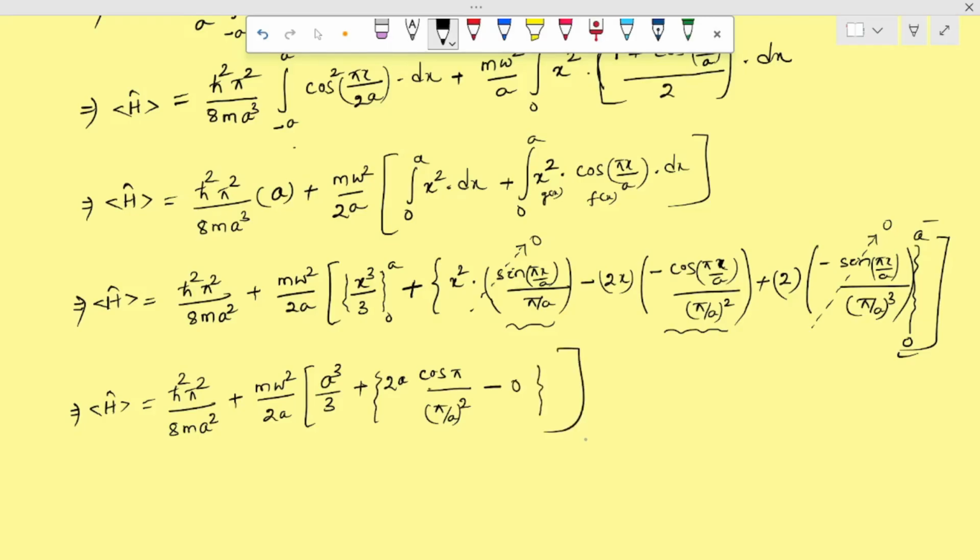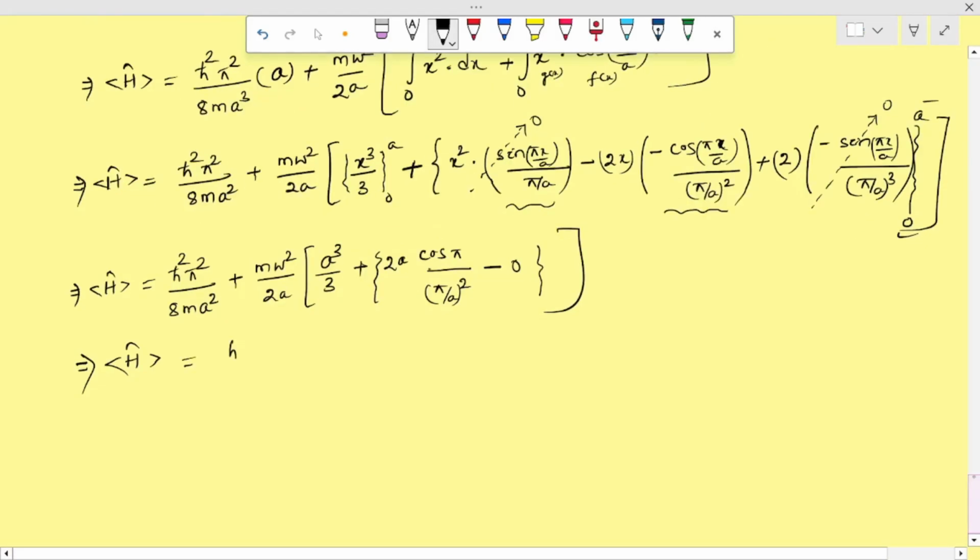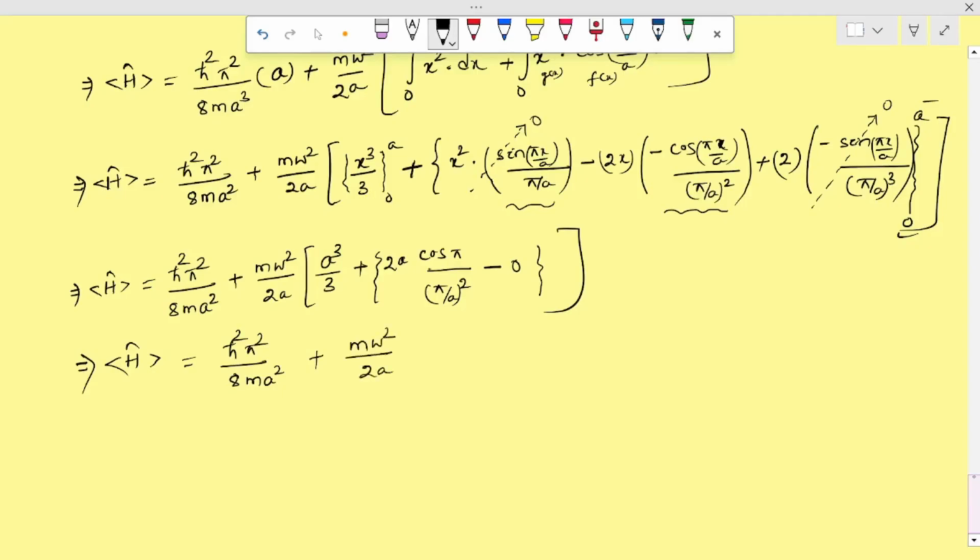So here we found the expectation value of the Hamiltonian will be equal to ħ² π² by 8ma² plus mω² by 2a. Here you can omit the steps in your exam. a³ by 3. Here cos π value is minus 1, so it will be minus; this a² will be moved to the numerator, then it will be 2a³ by π², 2a³ by π².